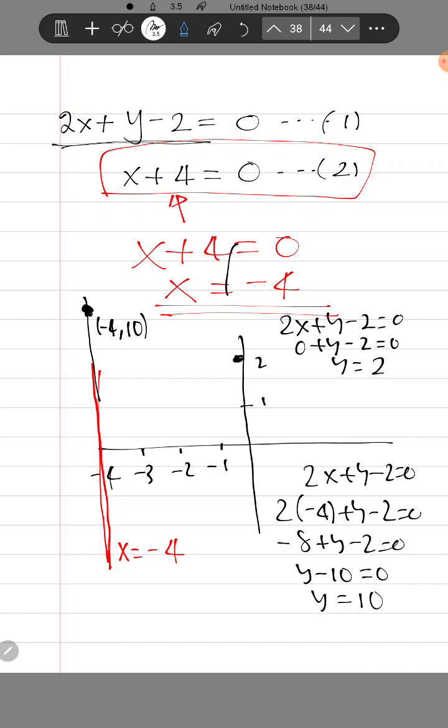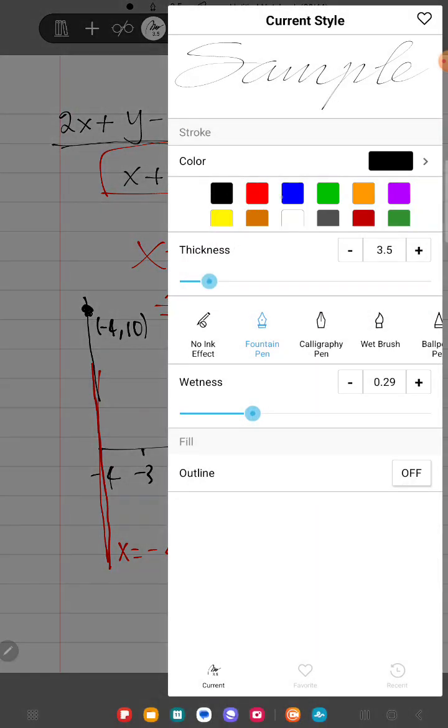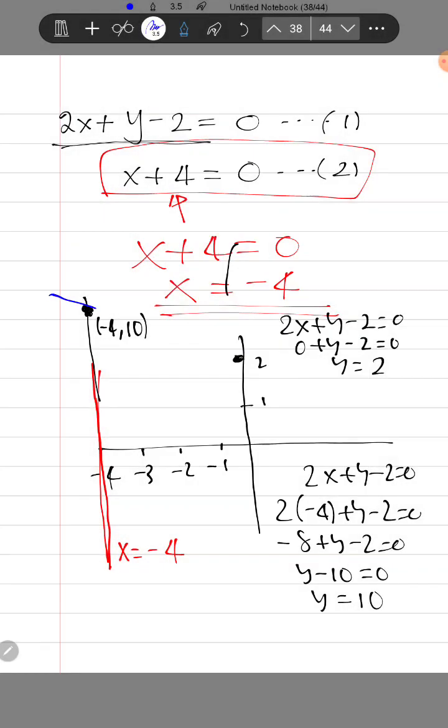So if we have 2 points on a graph, we can just join them by a ruler to show you the diagram of the graph, which is 2x plus y minus 2 is equal to 0. I will write it again. 2x plus y minus 2 is equal to 0.